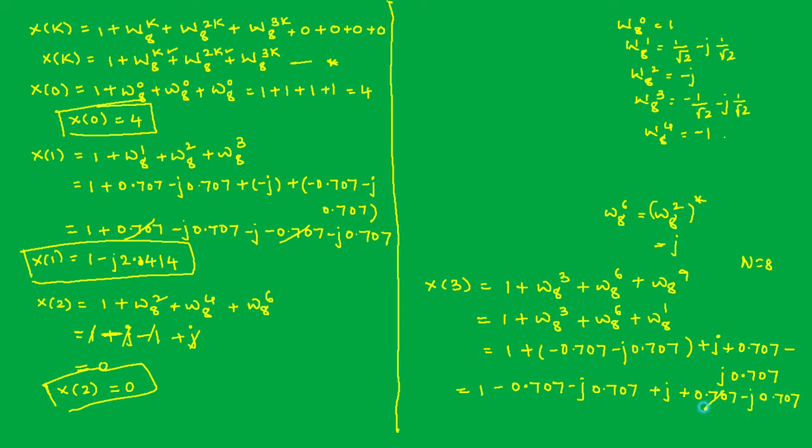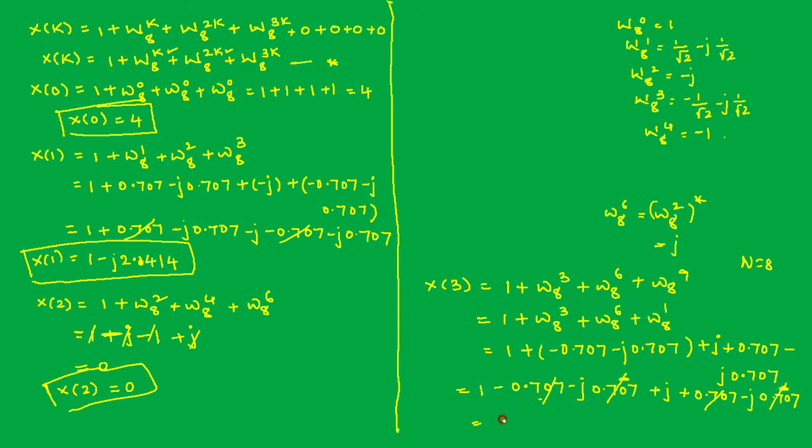So the 0.707 terms will get cancelled. The j terms have similar signs, so these terms will not cancel.